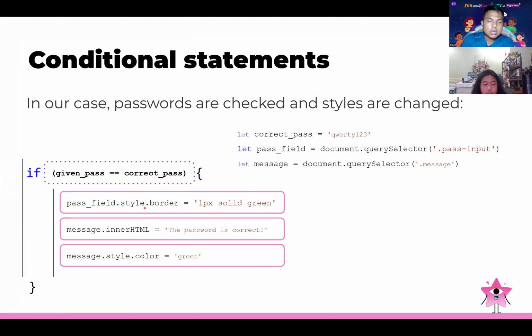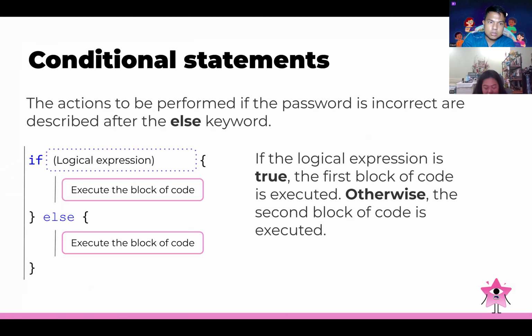It's similar to Python as well, but for the syntax, you need to use curly brackets instead of a colon. Then after you create the if, you can use else as well. Don't forget to open the curly brackets and close them again after you finish the body of the else.